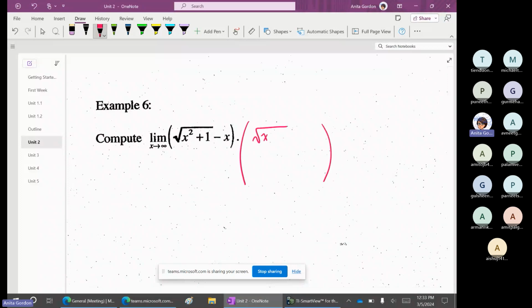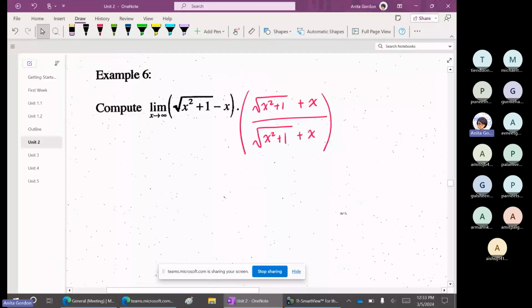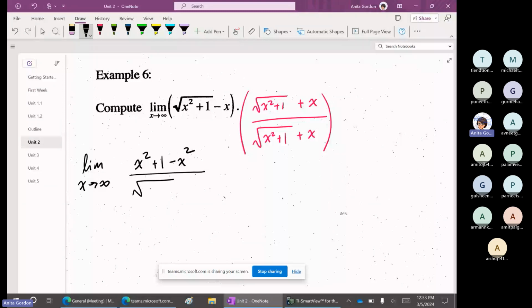So I'm going to multiply by the square root of x squared plus 1 plus x over the square root of x squared plus 1 plus x. This will give me the limit as x goes to infinity. My numerator will be x squared plus 1 minus x squared, all over the denominator, which will be the square root of x squared plus 1 plus x.